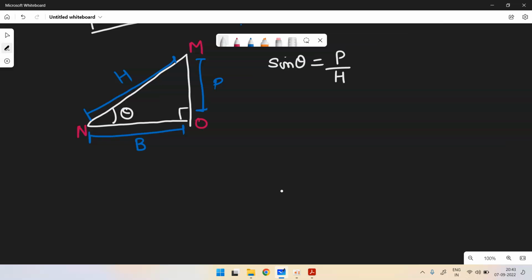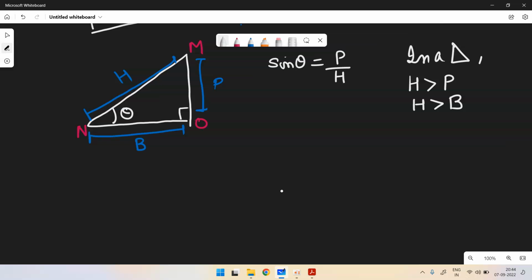You must be knowing that in a right angle triangle, hypotenuse is greater than perpendicular, and even hypotenuse is greater than base. There may not be a relation between P and B, but there is a relation with the hypotenuse: H is greater than P, and H is greater than base.